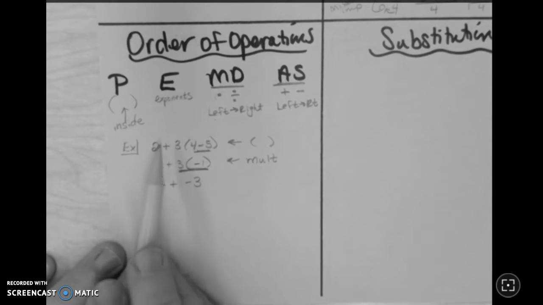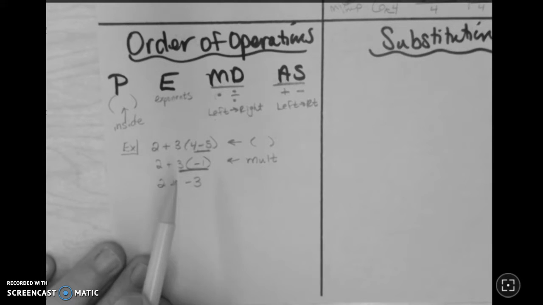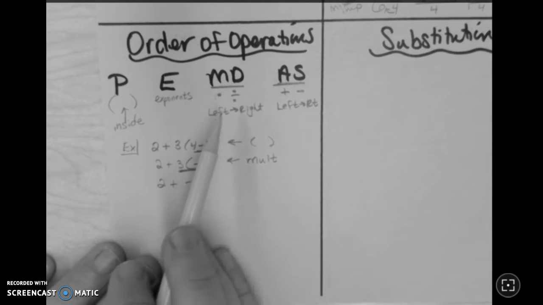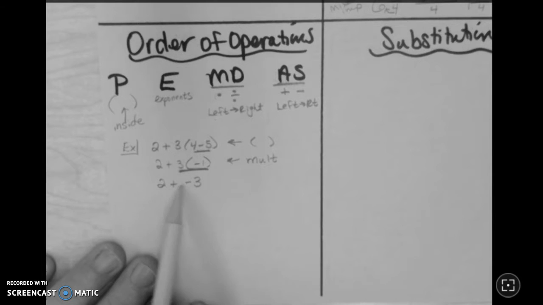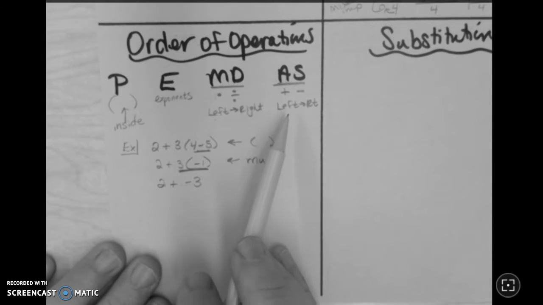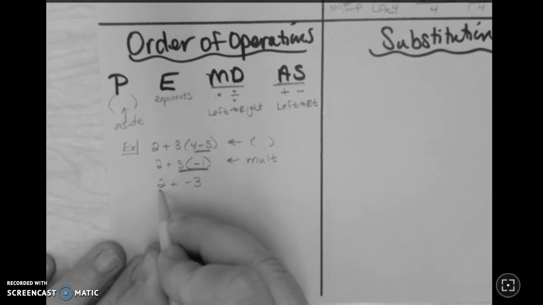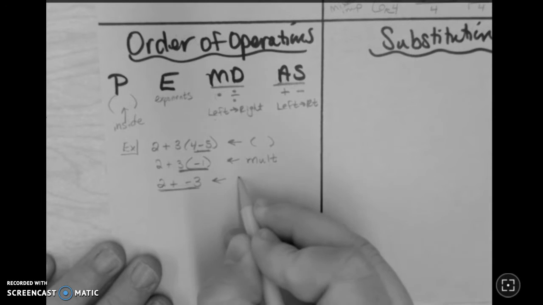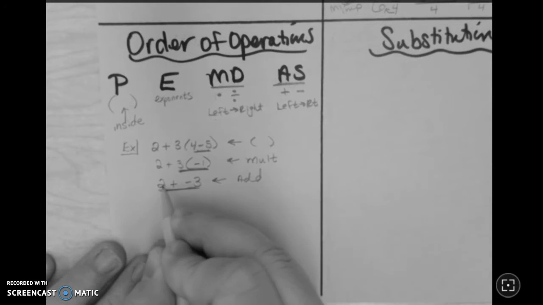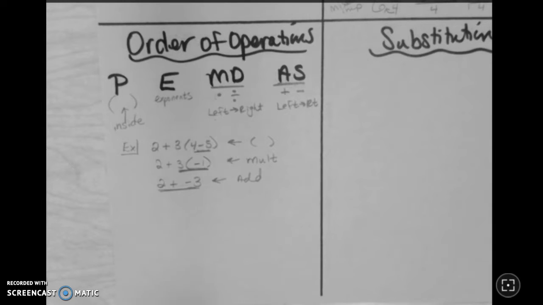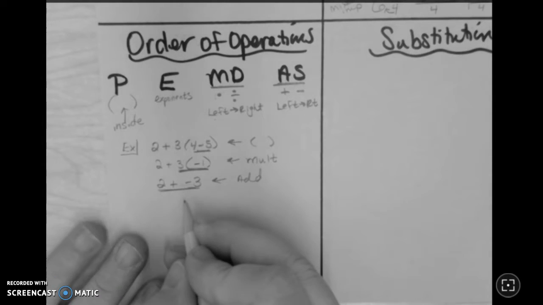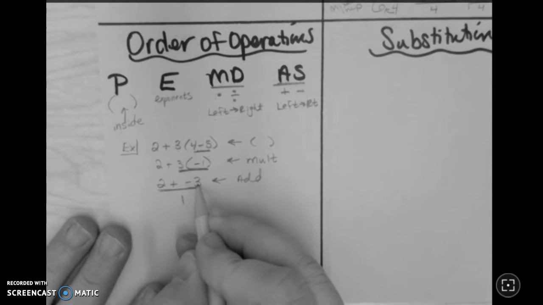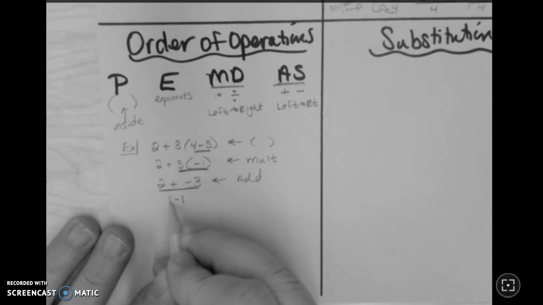I don't have any parentheses. Go to E for exponents. I don't have any exponents. Go to multiplying and dividing. No multiplying and dividing. So the only thing I have is adding and subtracting right here. And so this is where I'm going to add. And 2 plus negative 3, that's different signs. So different signs you subtract. And since the 3 is bigger, it is negative 1.